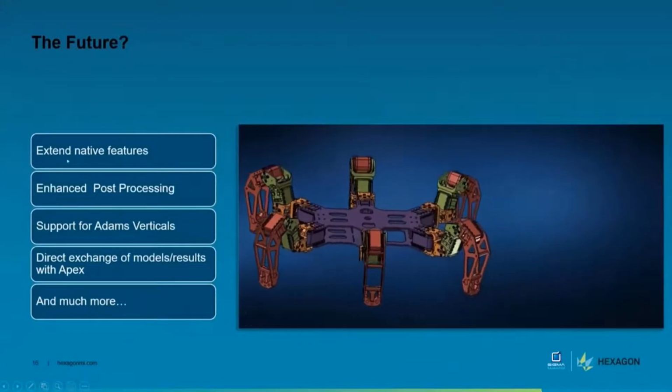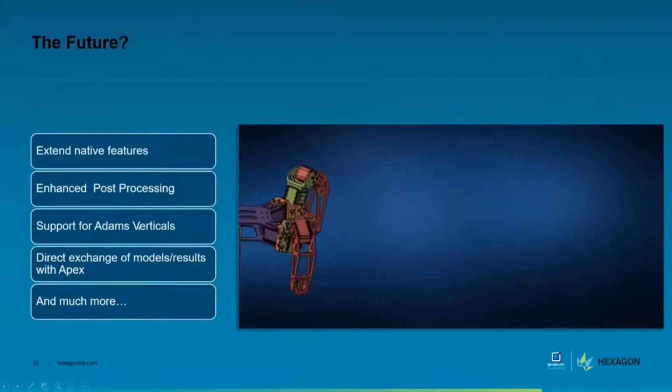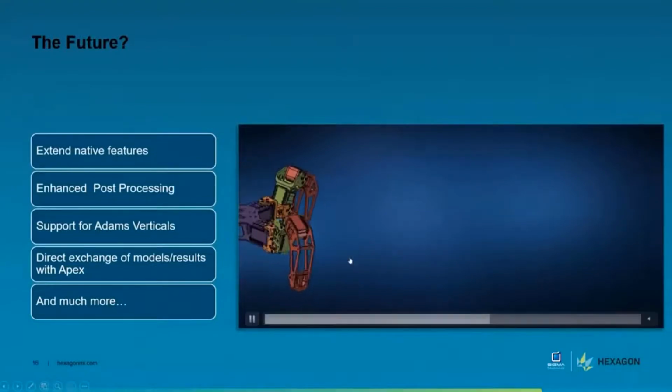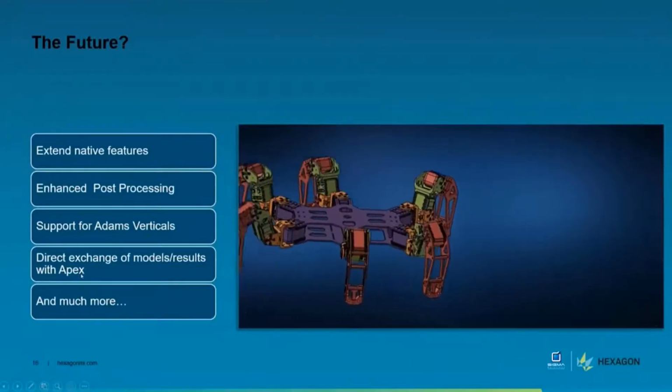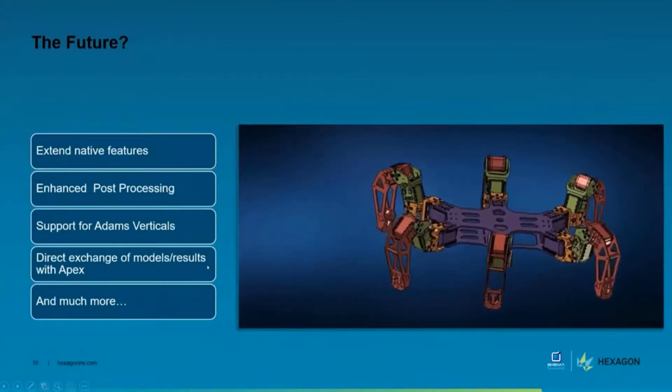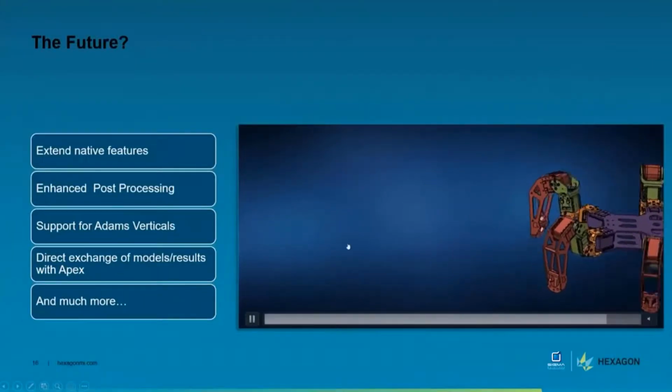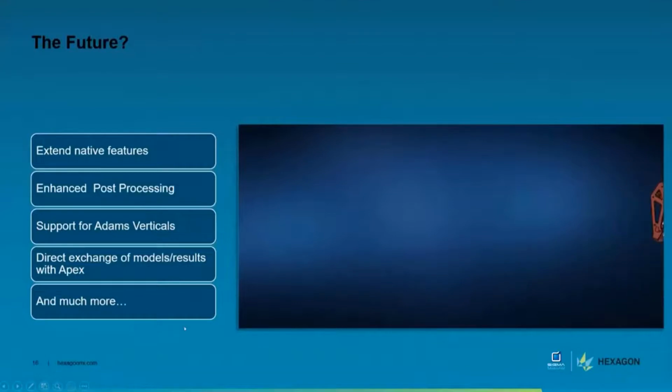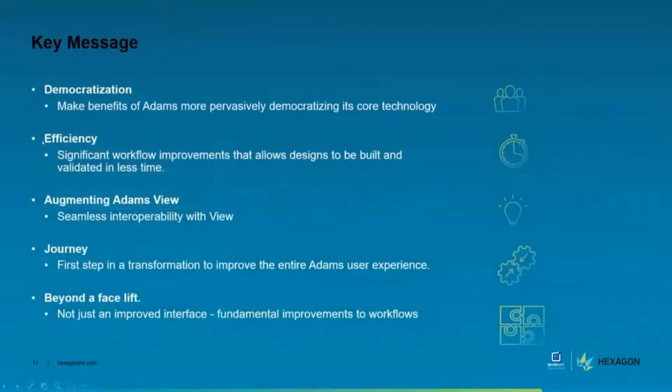So the future is we are extending native features, enhancing the post-processing, supporting all the Adams verticals like car and driveline, and for sure direct exchange of models and results with Apex will be there, and much more will be shared with you as we proceed. So the key message I would show you is that we are giving you more benefit in terms of democratizing its core technology.